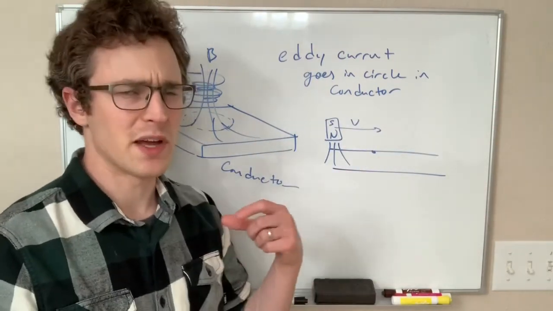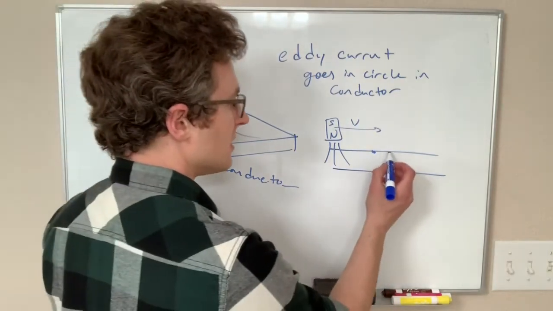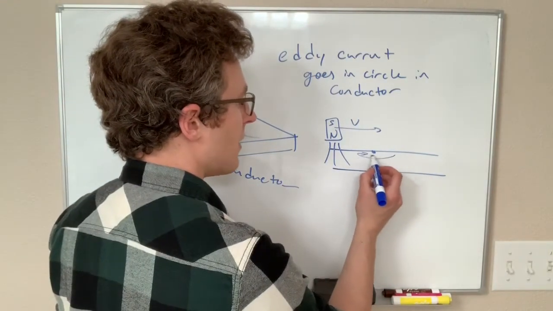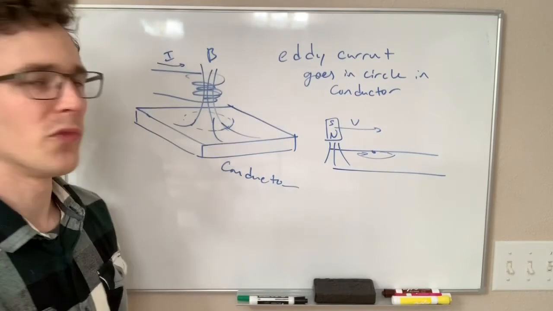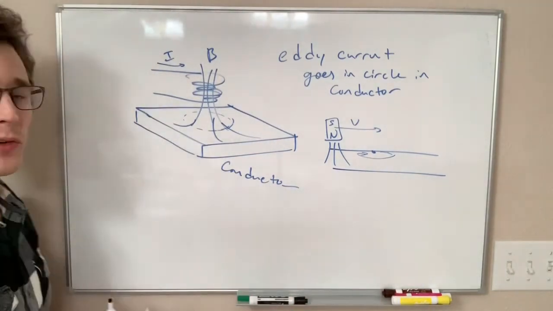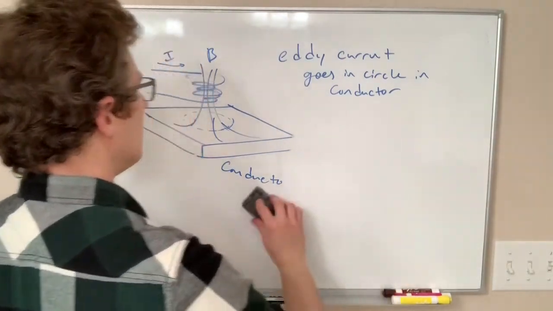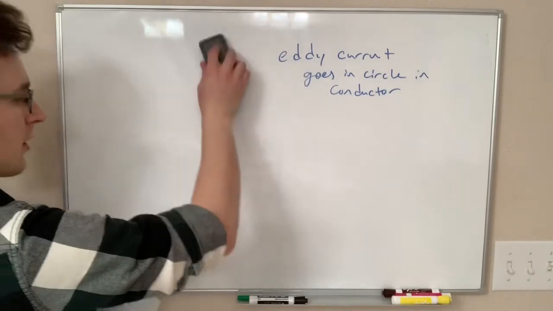You're kind of feeling this magnetic field turn on and off. That's going to give you a d phi dt. That's going to give you some eddy current going around that point. So useful for like magnetic braking. And also, this is how metal detectors work.